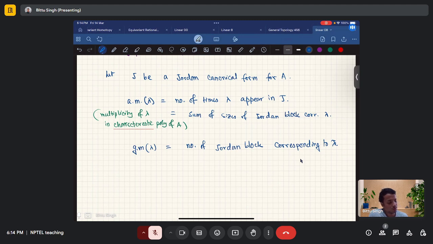Okay. Those are actually called algebraic and geometric multiplicity. And recall that geometric multiplicity is defined to be the dimension of the eigenspace corresponding to lambda, right?